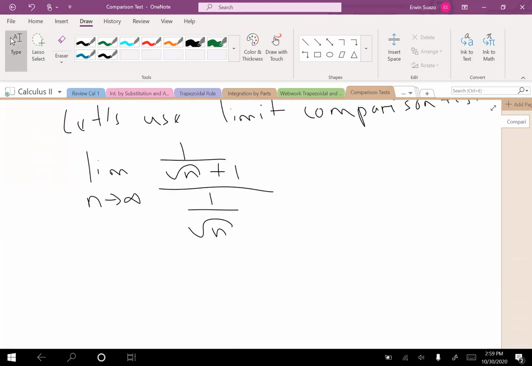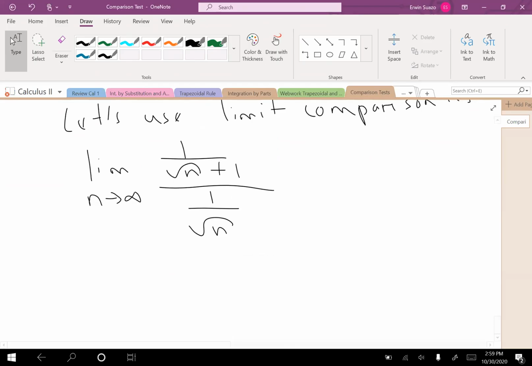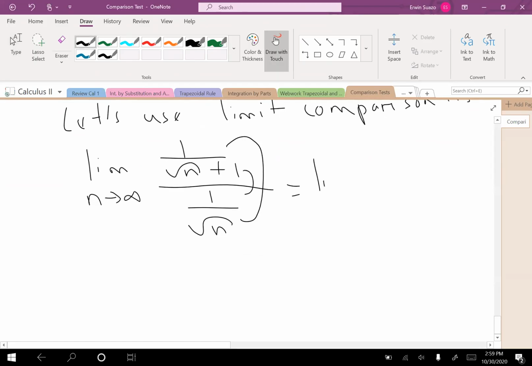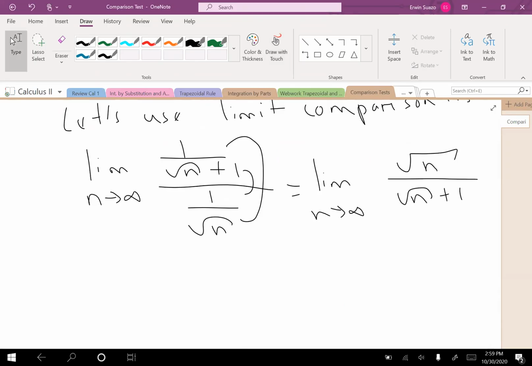So if I do my quotient, it goes like this: limit as n goes to infinity, we get square root of n divided by square root of n plus 1.